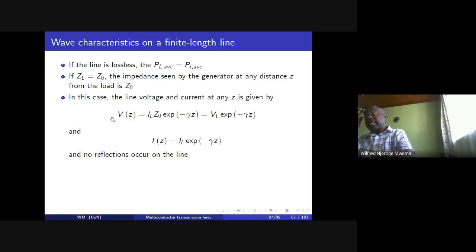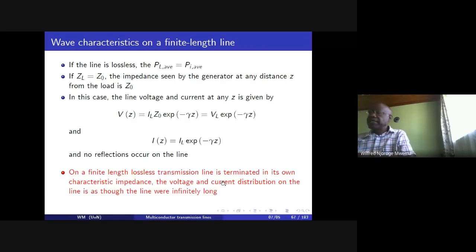And in this case, the line voltage and the current at any Z will be given by V(z) equal to IL Z0 exponent of minus gamma Z, and this is equal to simply VL exponent of minus gamma Z. And the current is just going to be given by the load current multiplied by the exponent of minus gamma Z. No reflections then occur on the line, and the line will therefore be described as matched to the load.